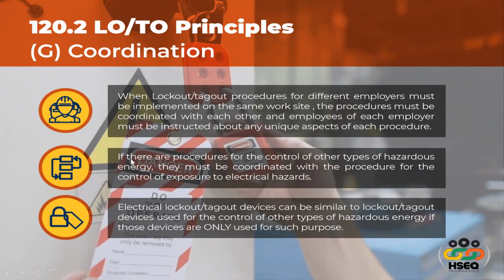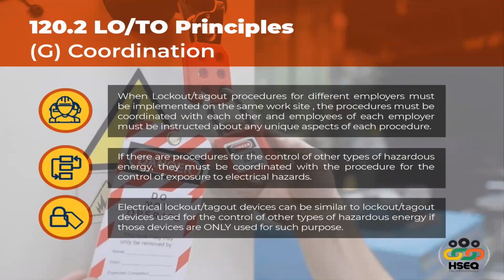Then it says that if there are procedures for the control of other types of hazardous energy, they must be coordinated with procedures for the control of exposure to electrical hazard. For example, I'm performing a job at a particular site where there is some fluid running, or there is some gaseous mixture.